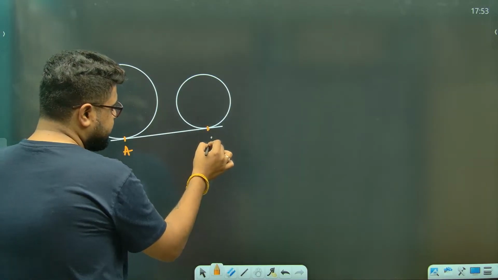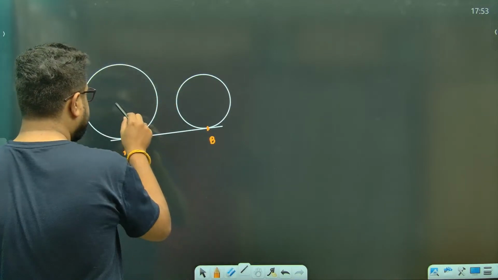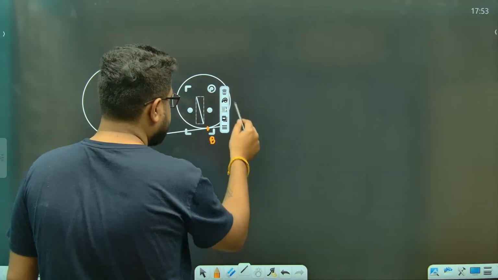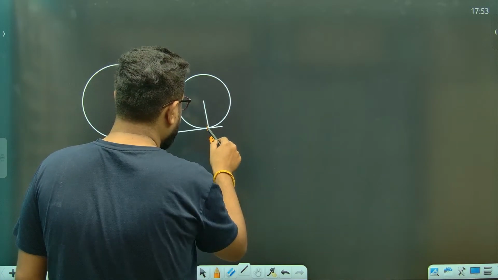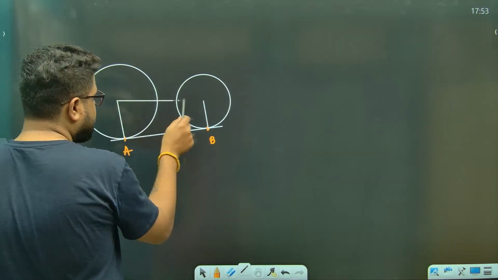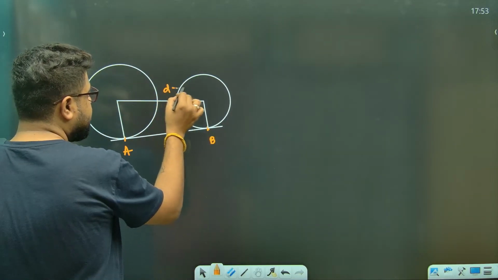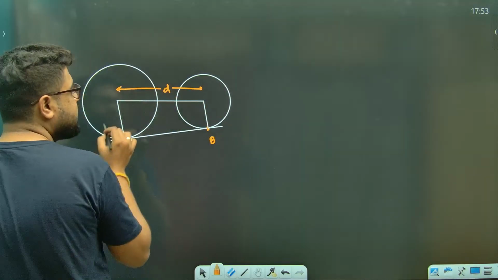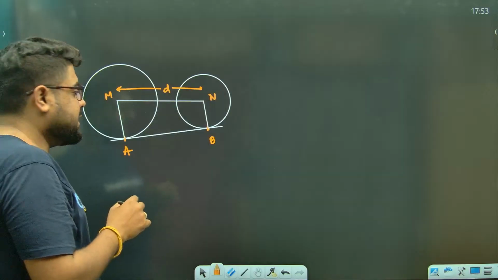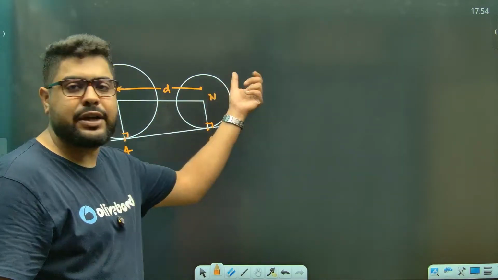Let's say this is A and this is B. The centers, this is the center, and I'm dropping this perpendicular. Now if I join these two, this is D, the distance between the centers, let's say these are M and N. Also we know this is 90 degrees, this is 90 degrees, because tangent and normal.